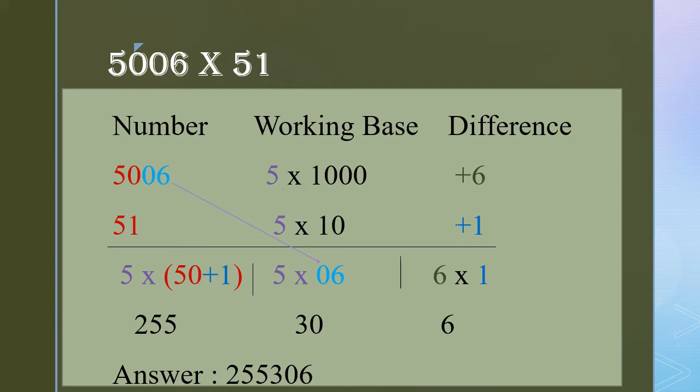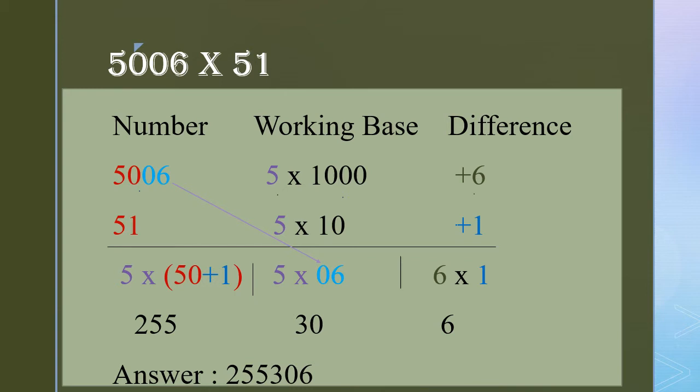So we are multiplying 5006 by 51. The number is 5006. Now we are taking the working base 5000 and representing it in the form of 5 times 1000. If you remember from the previous video, we call this 5 a factor, because 5000 divided by 1000 is 5. Now the difference is plus 6.